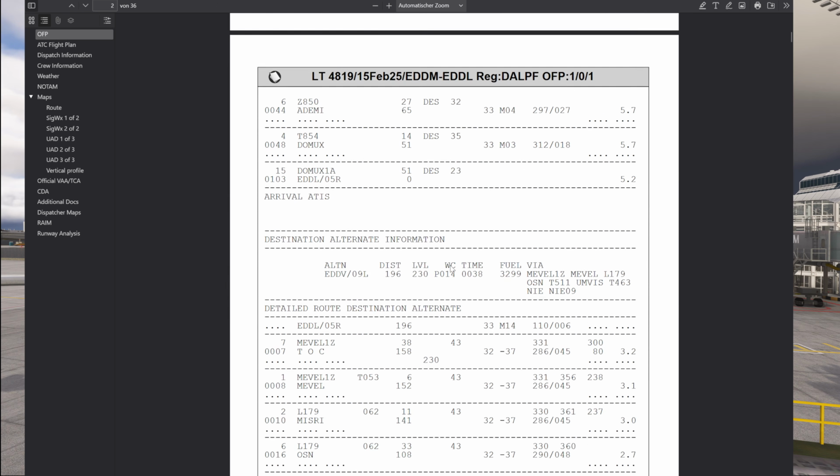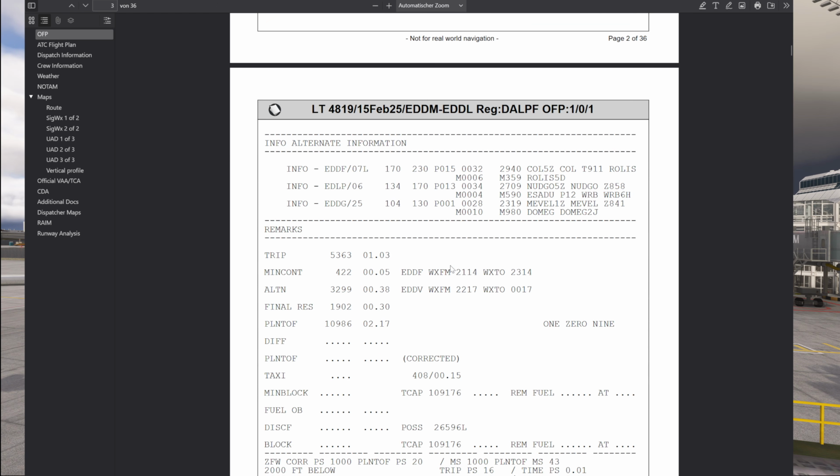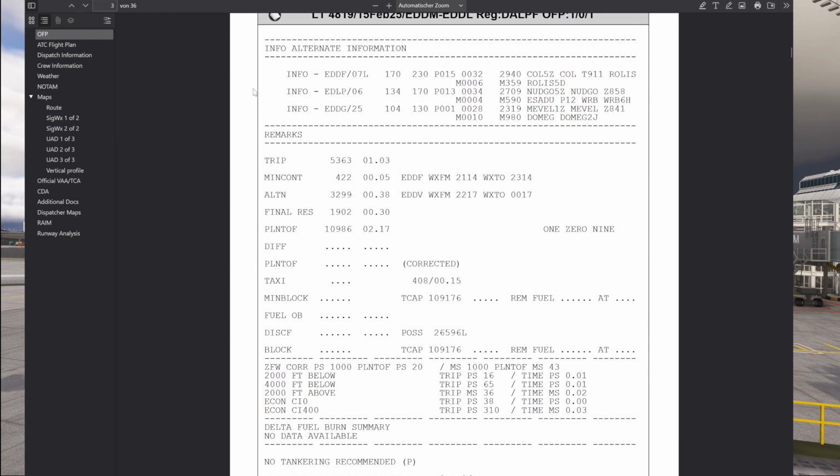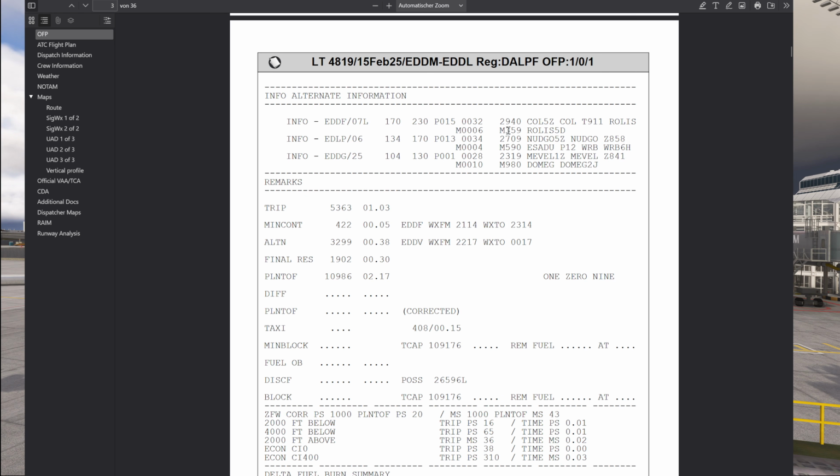Now, once we've checked that, we are going to move further down into the other alternates and make a decision if we prefer to use any other alternate. The most important information that you can gather here is how much fuel you will need in order to get to a different alternate.